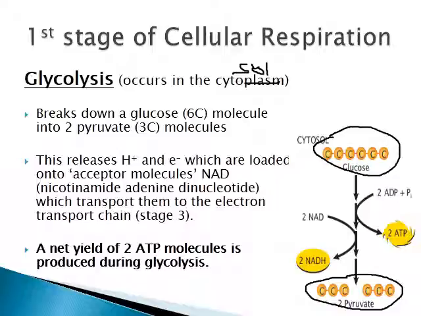To break glucose down into pyruvate, it would be a series of chemical reactions taking place. You don't need to know those chemical reactions, you just need to know that glucose is broken down into 2 pyruvate during glycolysis.